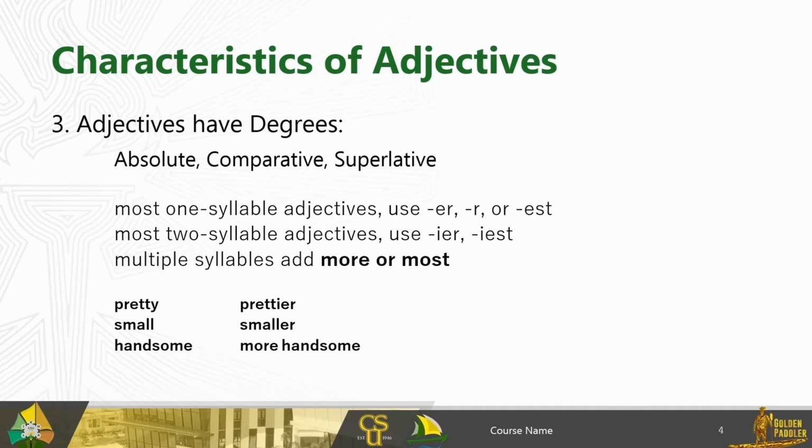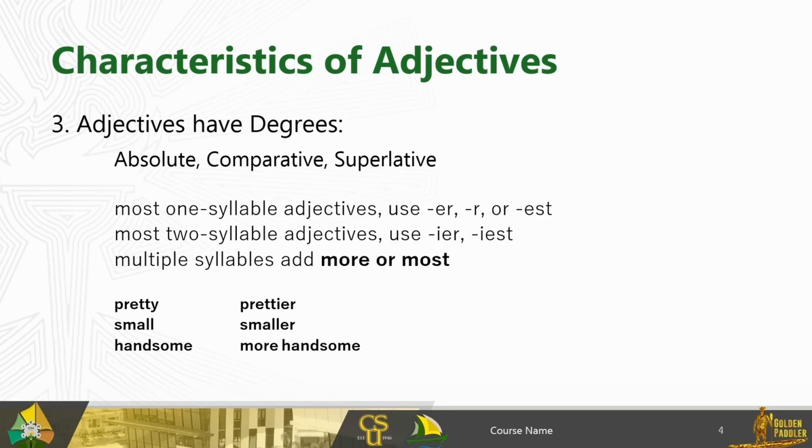The last characteristic of an adjective is that it has degrees. These are absolute, comparative, and superlative. Most one-syllable words or adjectives use er, r, or est. Most two-syllable adjectives use ier, iest, and multiple syllables add more or most.